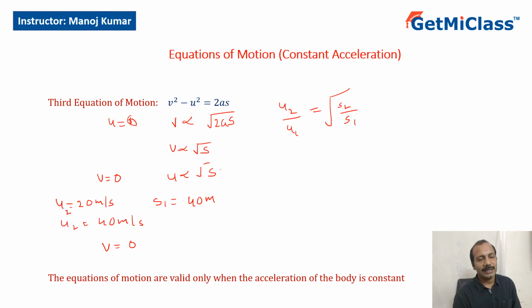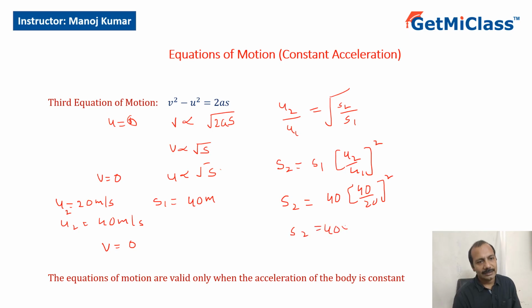Because I want s2, I'll square both sides. I can write s2 equal to s1 into (u2 by u1) whole square. S1 is given to be 40 meters, u2 is 40, u1 is 20. So s2 equal to 40 into 4, that is 160 meters.